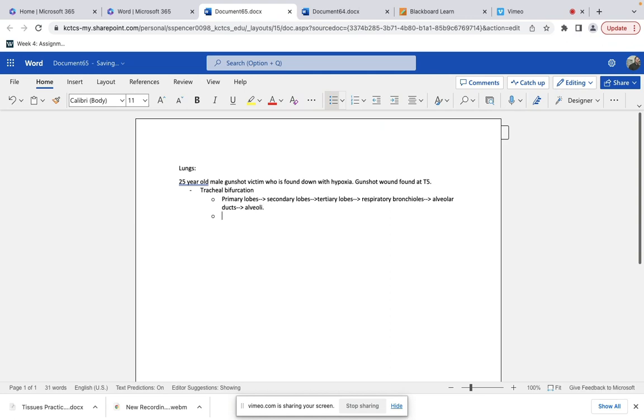So, awesome. Knowing that the trachea is present at T5, that's just a little tidbit. Knowing that the trachea is responsible for conduction of oxygen down to the lungs. Knowing the branching: primary goes into secondary, secondary goes into tertiary, tertiary goes into terminal bronchioles, terminal goes into respiratory, respiratory goes to the alveolar ducts, then to the alveoli. Cool.